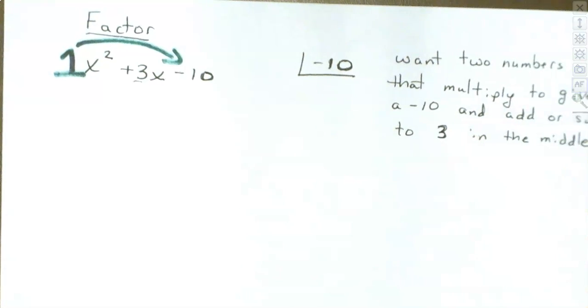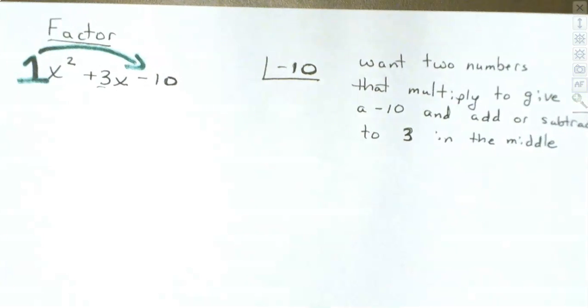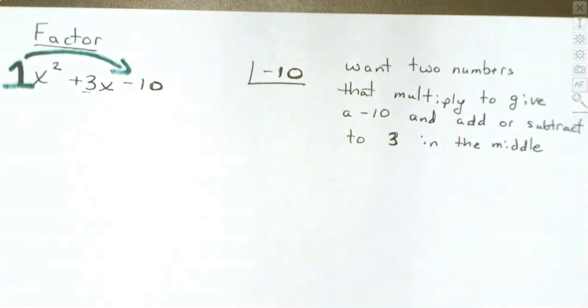And it sounds more complicated and more difficult than what it really is. So we want two numbers that multiply to give me a negative 10, and add or subtract from each other to give you that 3.